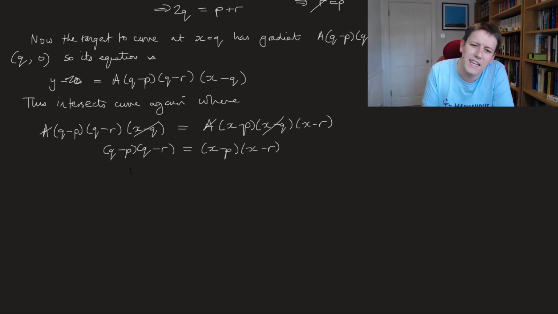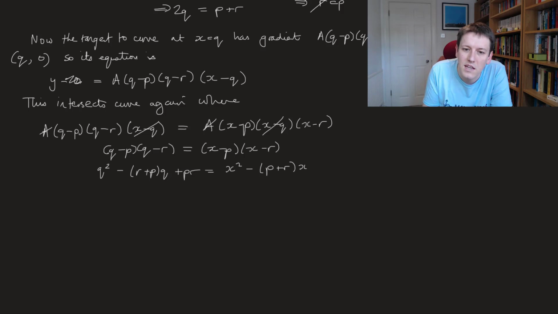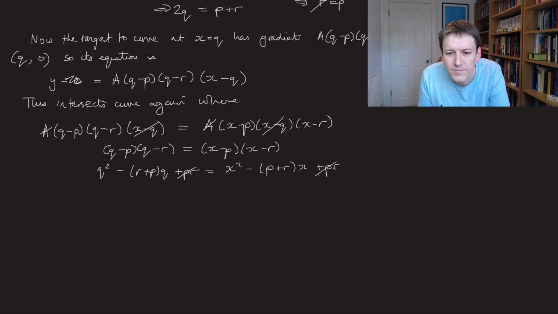So we've got a quadratic in x here. So let's just try and tidy this up a bit. So I've got q squared minus r plus p times q, let's just write it like that, plus pr. Same on this side, I've got x squared minus p plus r times x plus, again, pr, so these prs cancel. So let's bring everything to the right hand side here.